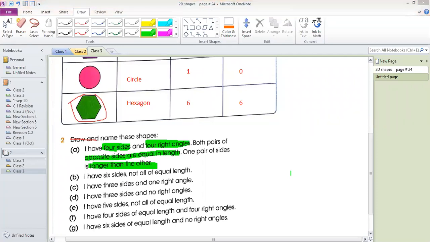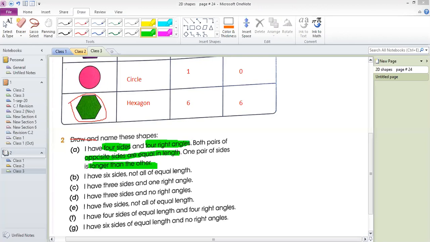I'm going to check your answers. Which shape is that? Rectangle and square. Those who are saying rectangle and square are wrong, because this is not a square. When I read up to 4 right angles and 4 sides, I had 2 figures in my mind: either a square or a rectangle.